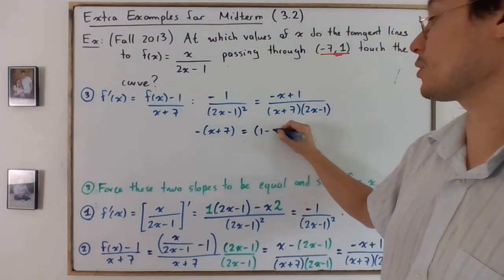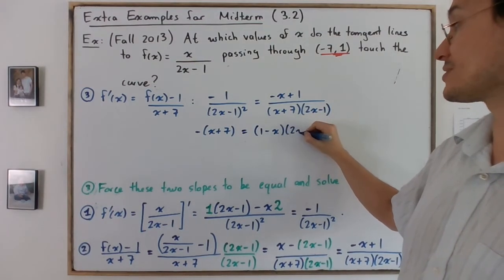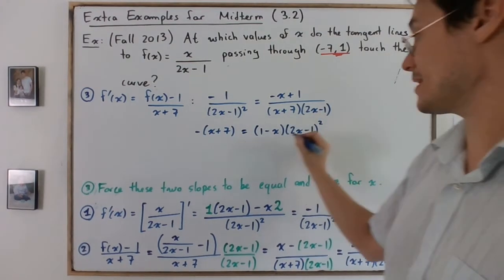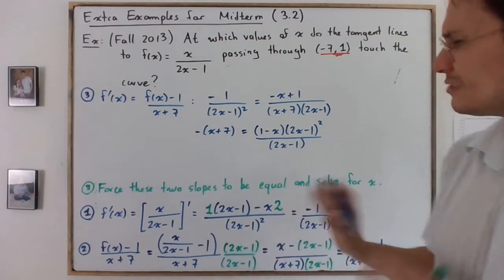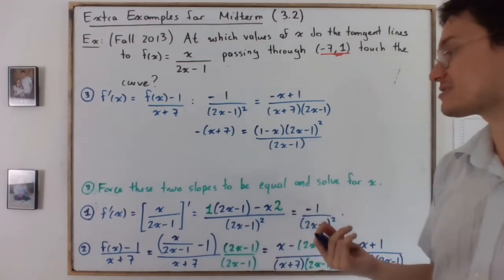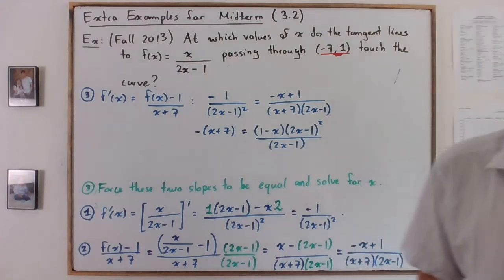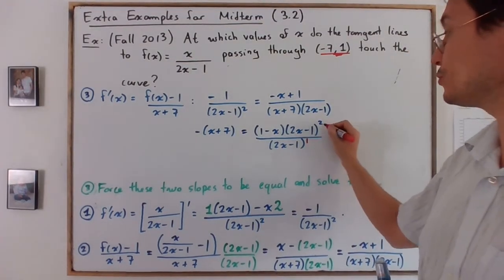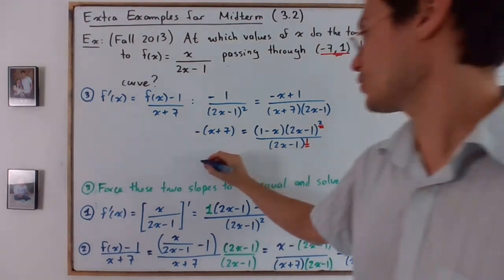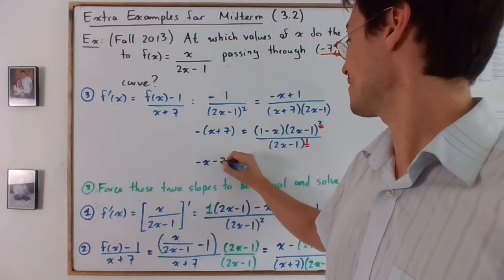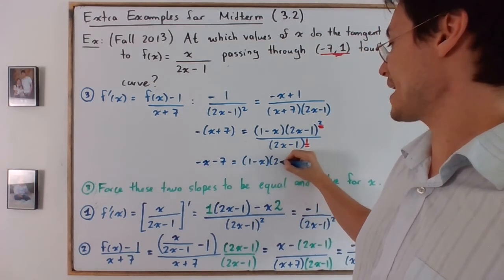And the reason is simple. I know that it's going to cancel. So in other words, I'll move the 2x minus 1 squared here, divided by 2x minus 1. So it's just rearranging. There's not much to say here. But then that's it. You have exponent 2 and exponent 1. So that will make it so that you have negative x minus 7 that is equal to 1 minus x, 2x minus 1.